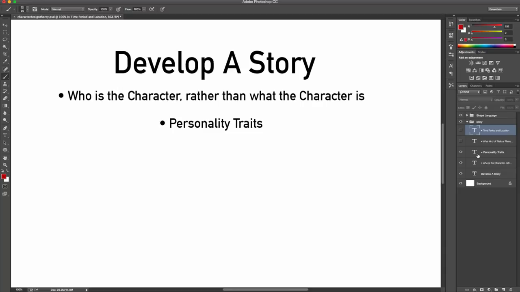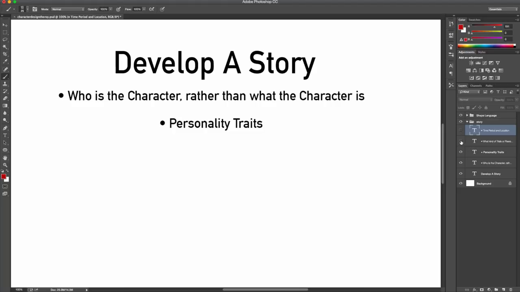So you want to try to discover those personality traits. Is he in love? Is he a hopeless romantic, or is the character more of a solitary person that's trying to overcome some personal issues? Those are the things you want to think about.